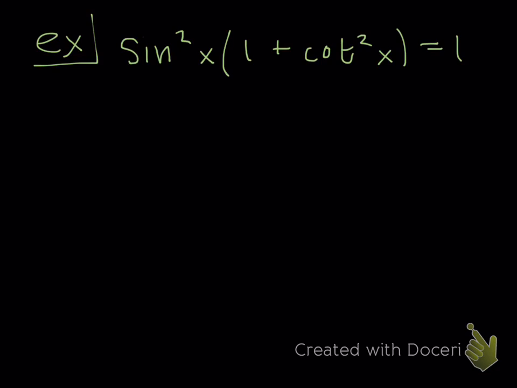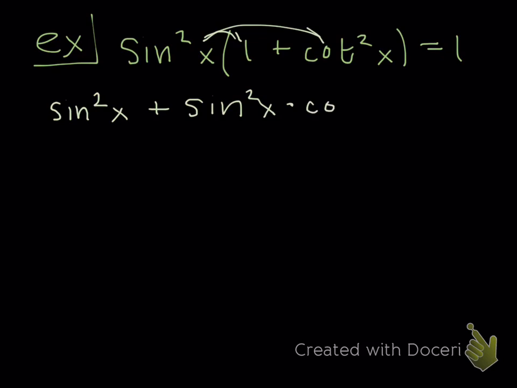So if I distribute this in, sine squared times 1 will be sine squared. Sine squared plus sine squared of x times cotangent squared of x. Oops, sorry.